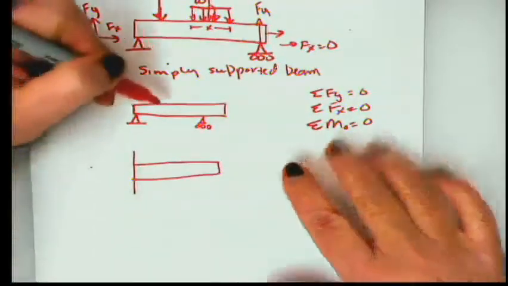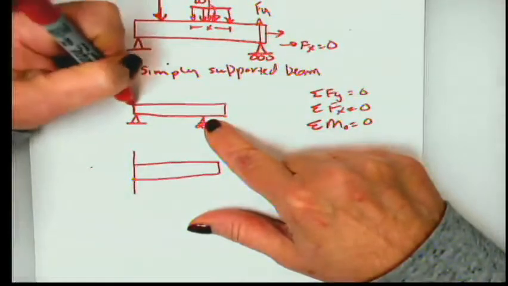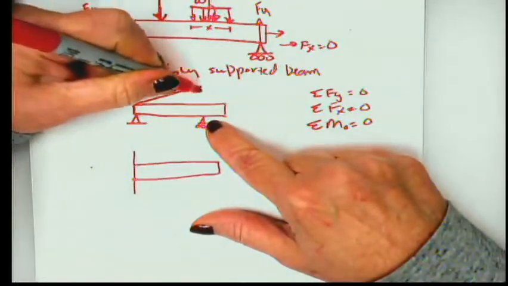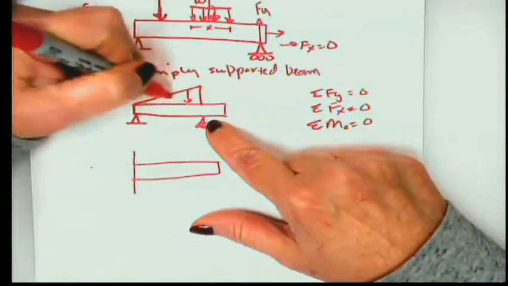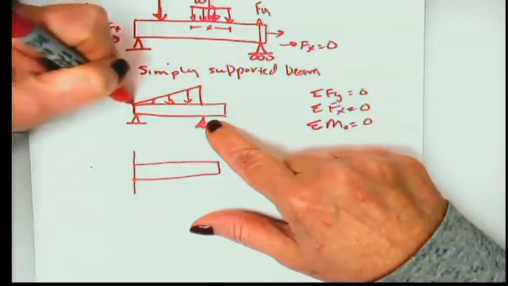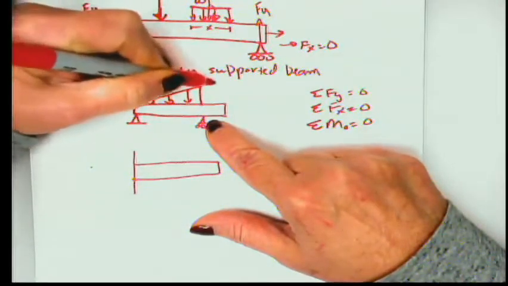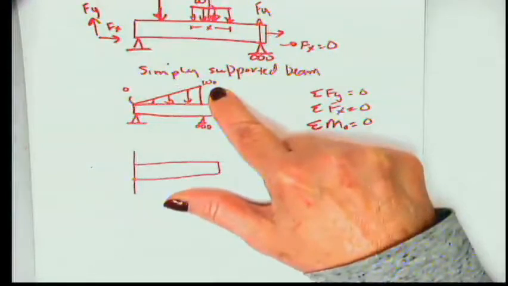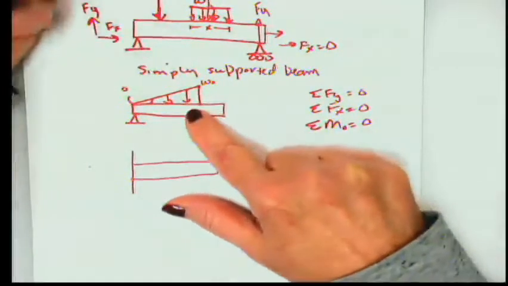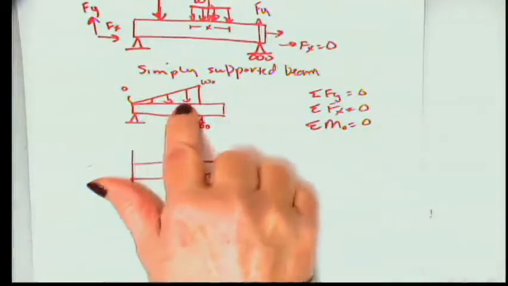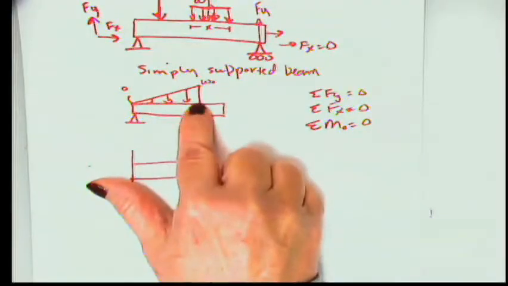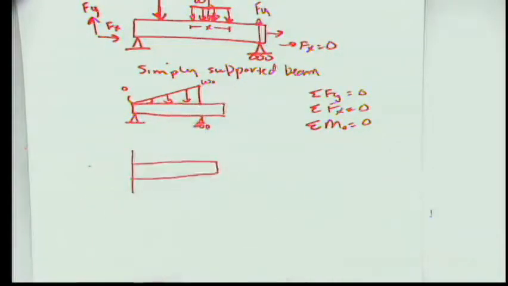You may instead have a load that looks something like this, where maybe it starts at 0 and it goes up to some value which we might call W sub 0, and the load curve itself is a triangle. In other words, the load becomes stronger or heavier as we go from one side to the other.